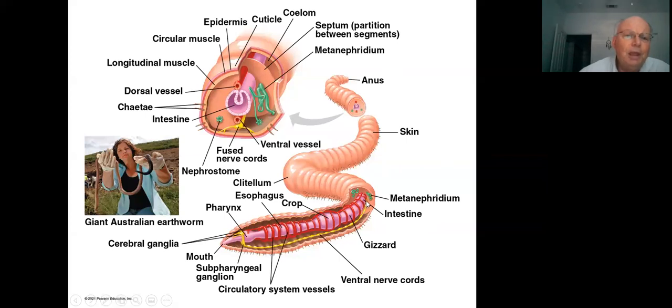How big can an earthworm get? Well, the average earthworm is usually somewhere between 3 inches and 6 inches in length, depending on species, but there is a giant earthworm that lives in a region of northern Victoria and southern New South Wales called the Gippsland region that can get over 6 feet in length.